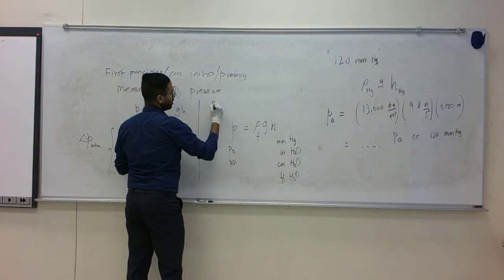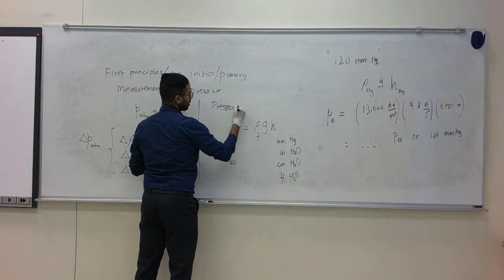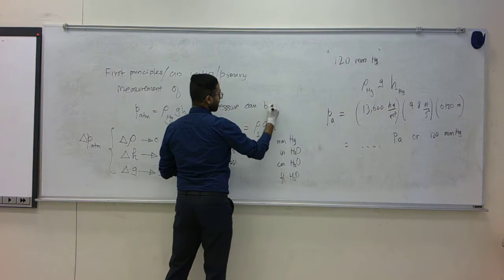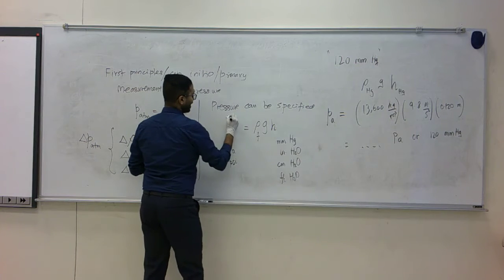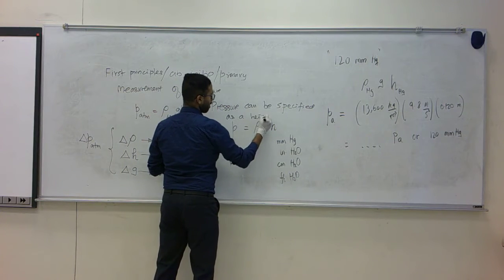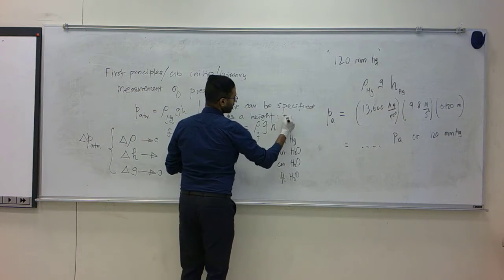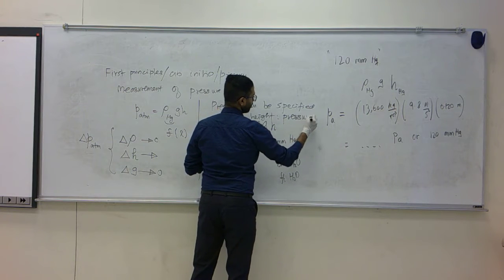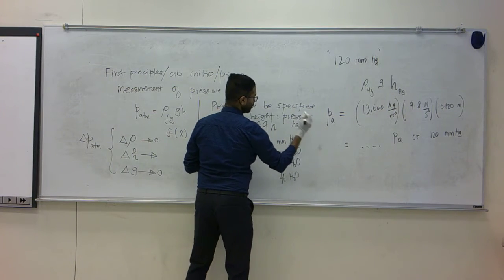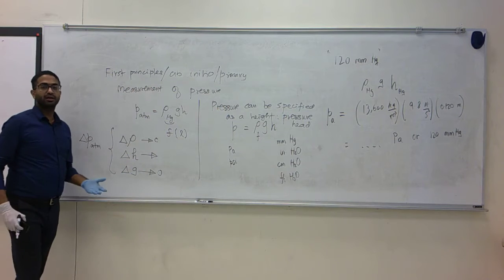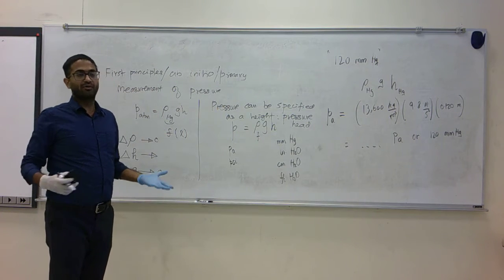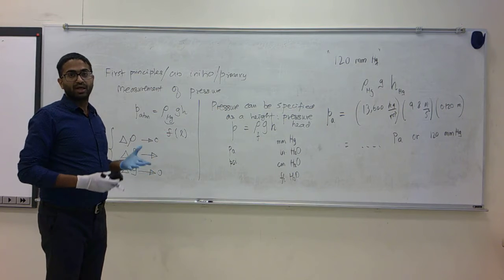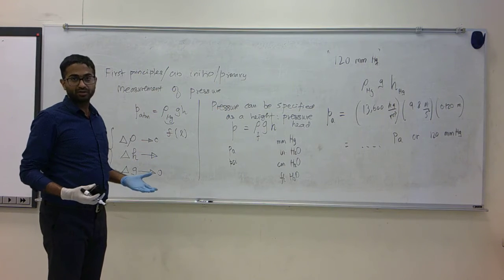Pressure can be specified as a height, and we call that pressure head. The pressure head is 10 inches of mercury, or 10 inches of water, something like that, or 10 feet of water, or 100 meters of water.